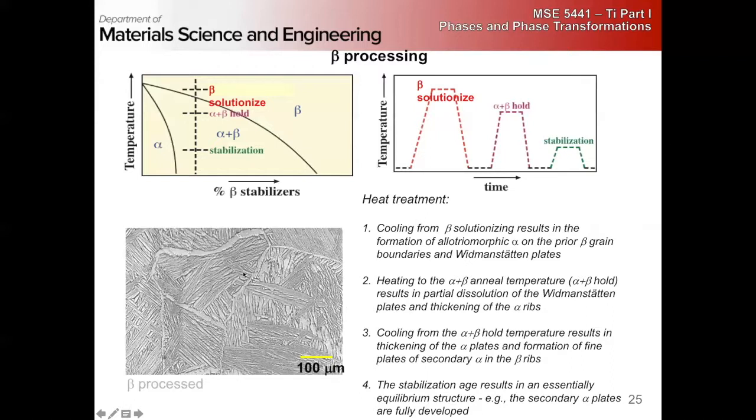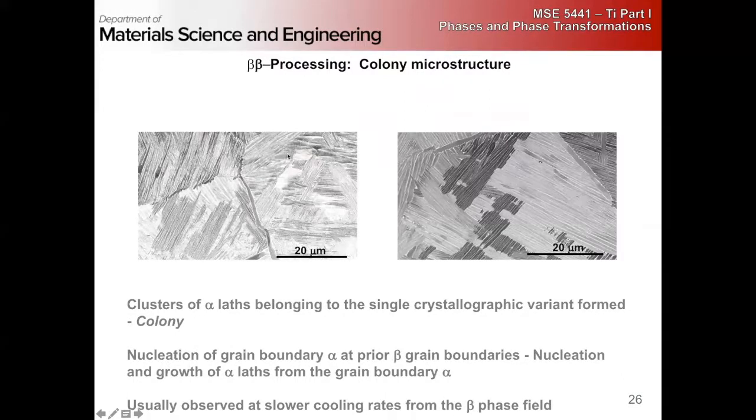And then the stabilization treatment here, much lower in the two-phase region, essentially just allows the formation of very fine secondary alpha in the remaining beta phase, and we come to essentially equilibrium phase fractions in chemistry for this temperature.